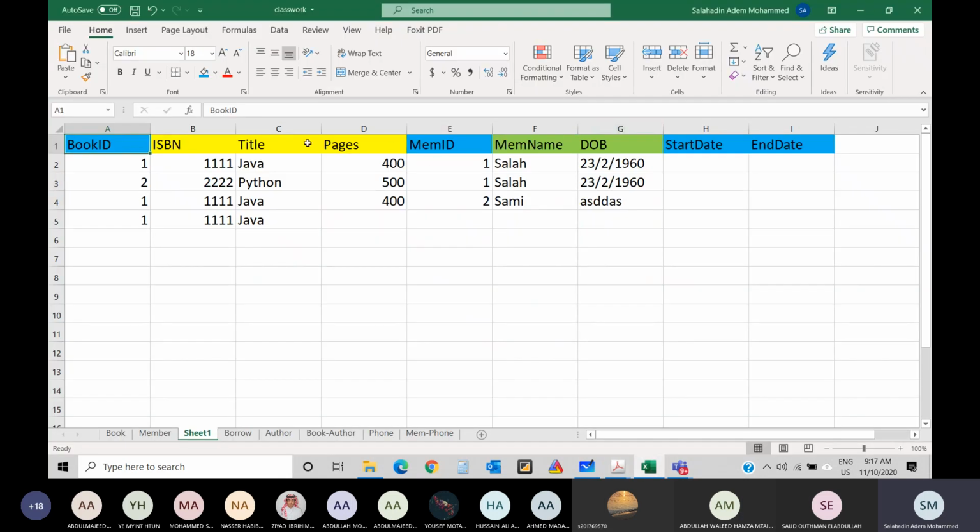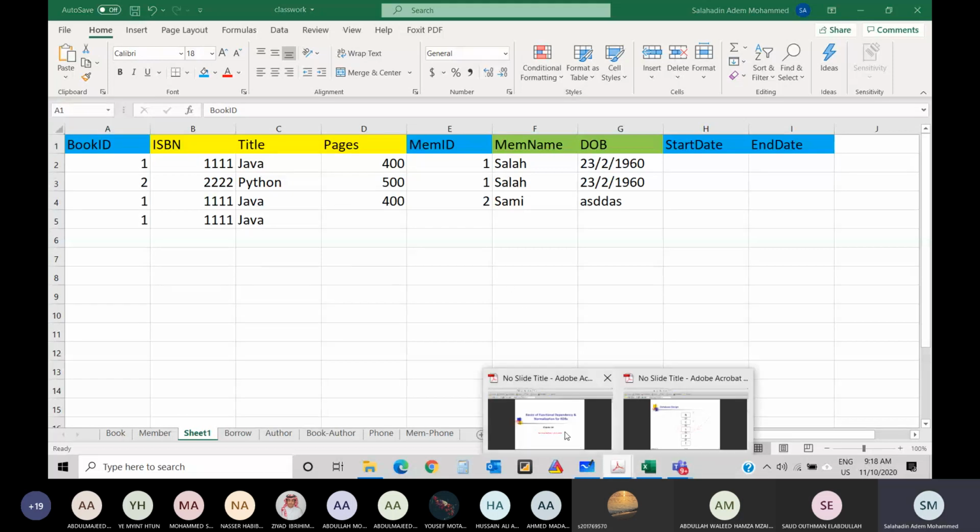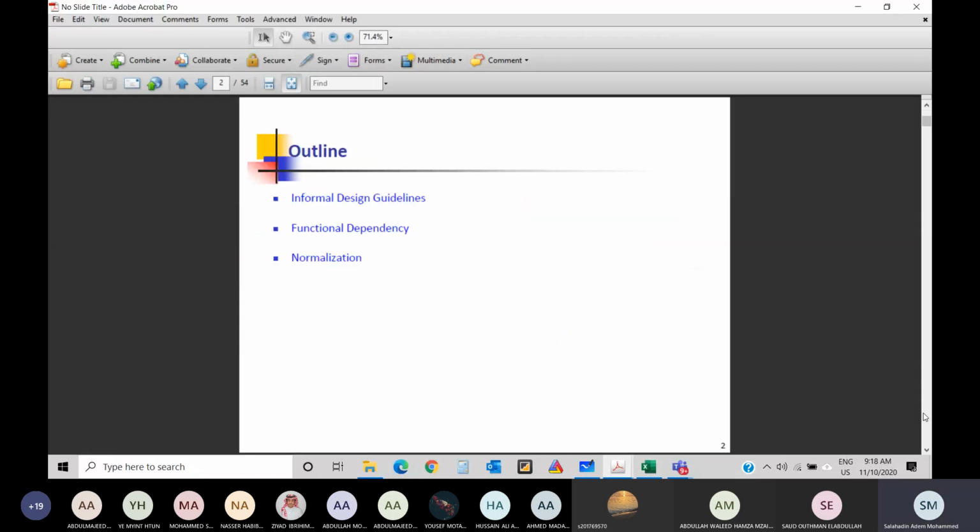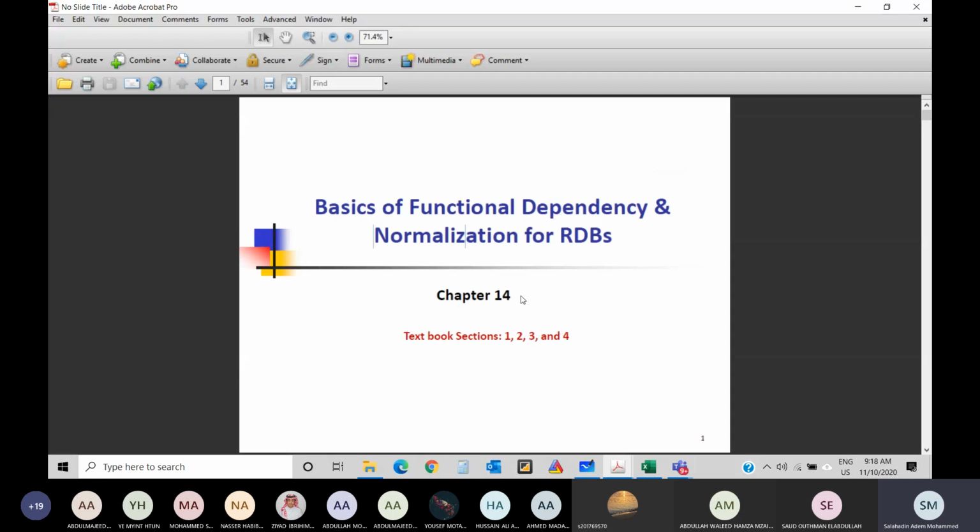How do you know this will go to the book table, this will go to the member table, and this will go to the borrowing table? We do that by a technique called functional dependency. If it is easy like this, you don't need functional dependency. Automatically you can do it. But if it's complicated, then you need functional dependency. This is chapter 14, and only sections 1, 2, 3, and 4 are required. You don't need the other sections.